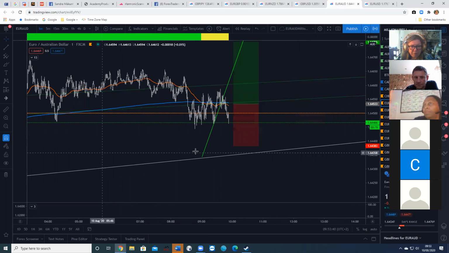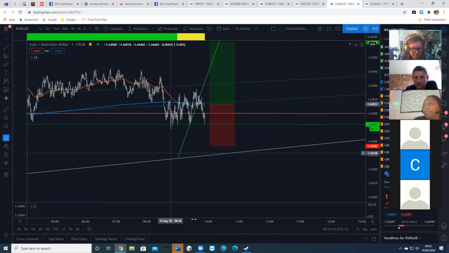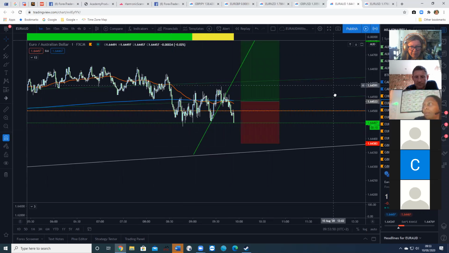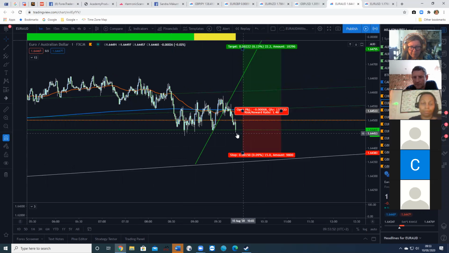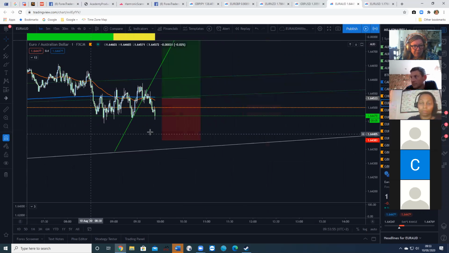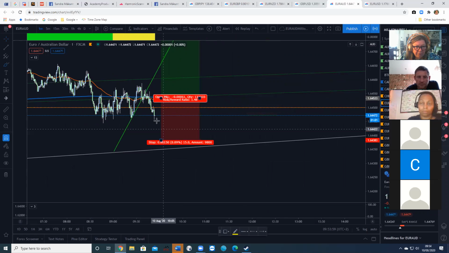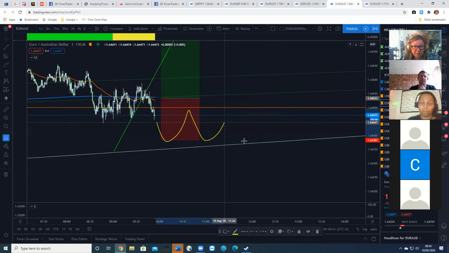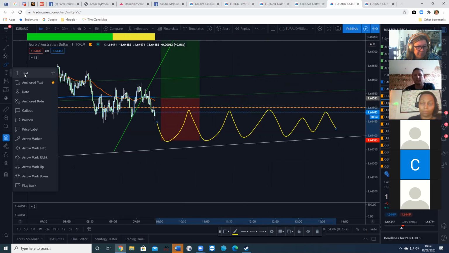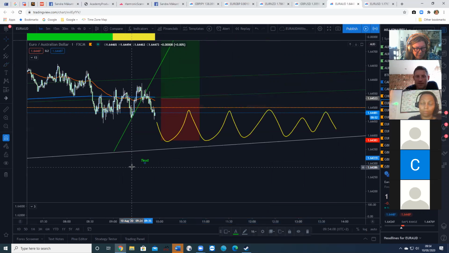So that could want to come. Yeah, this market's not very predictable this morning, for me anyway. So again, it's in that wedge shape there. Things might start to settle down and happen nicely in New York. Let's look at a couple of other things on here.